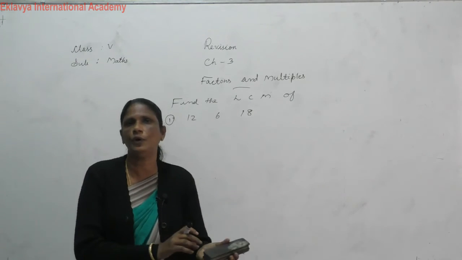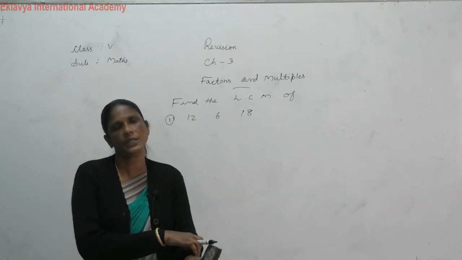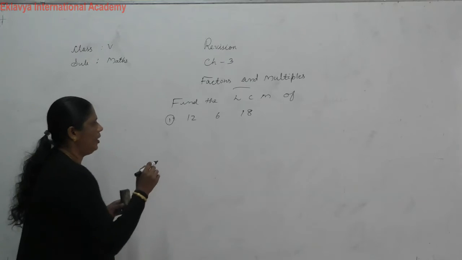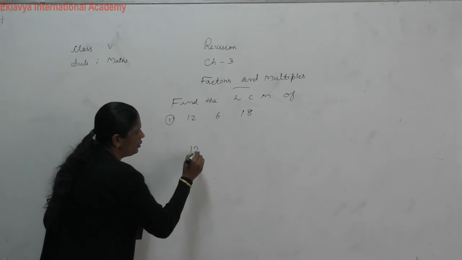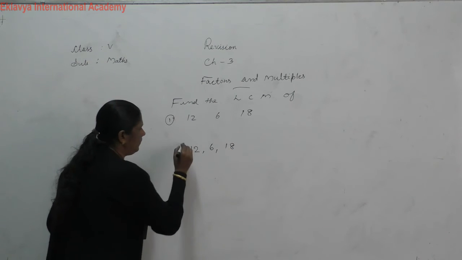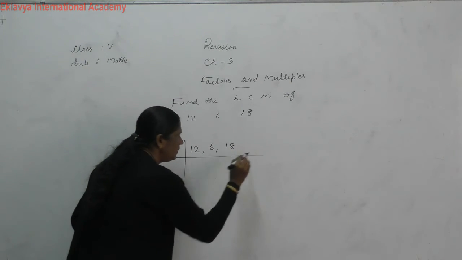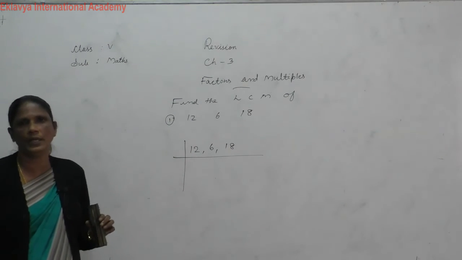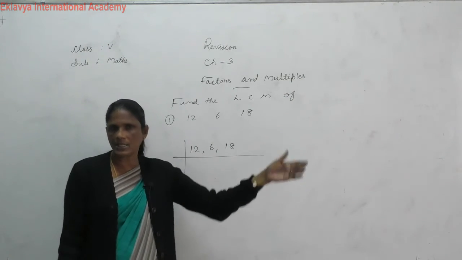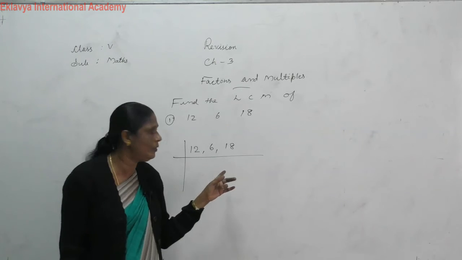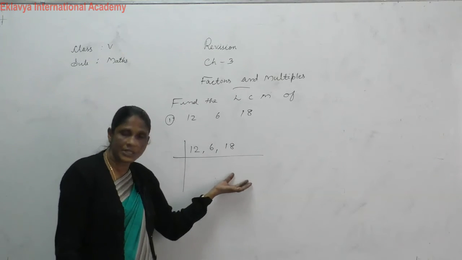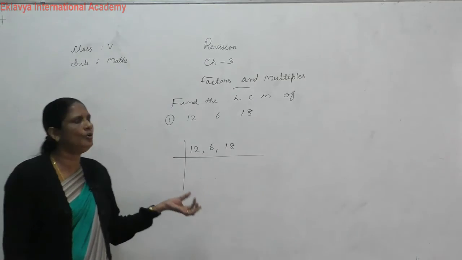Which method? Common division method. 12, 6, 18. You follow this method. In HCF you use the prime factorization method. In LCM you use the common division method.